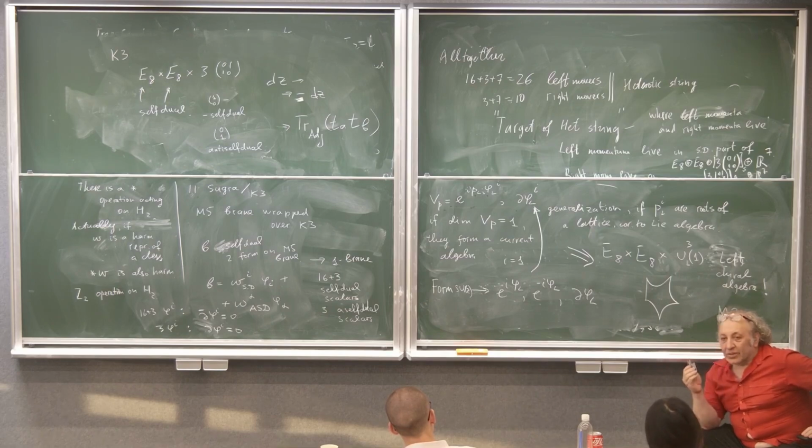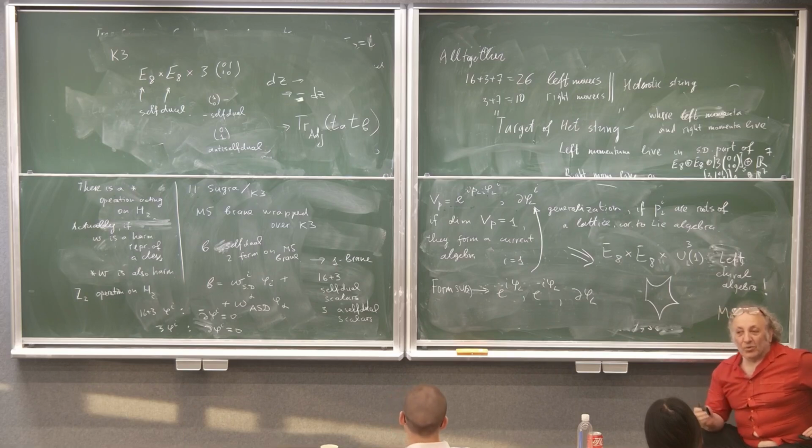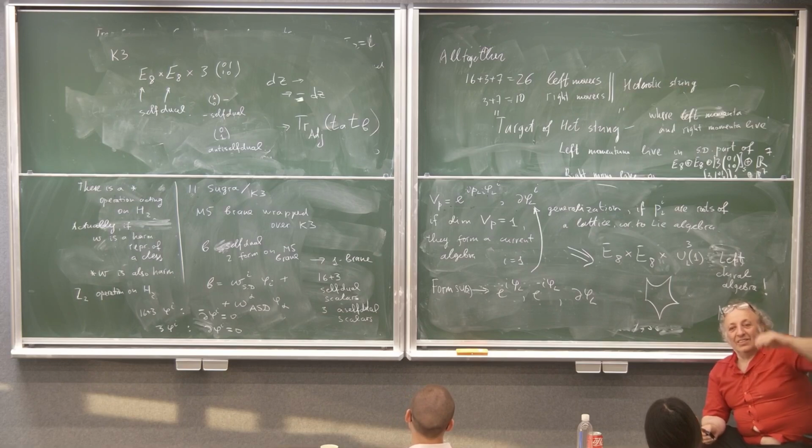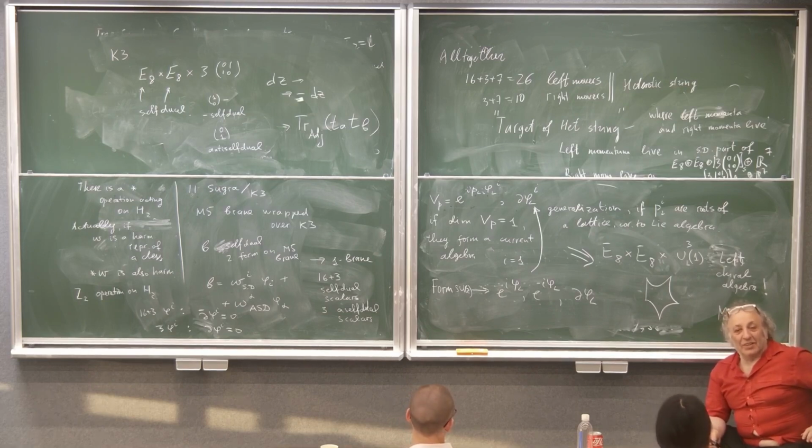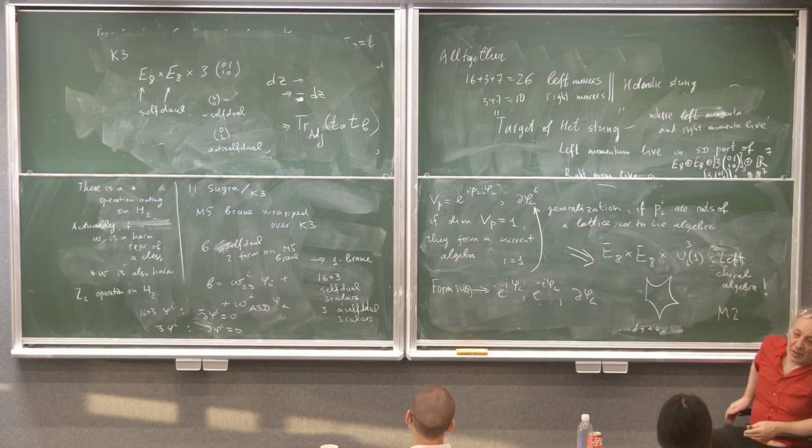So you see, I was able to get you 26. So I honestly computed 26, as a 10 plus 16. And I explained that 16 are the extra second cohomology of K3, and I gave you the idea how to get current algebra.